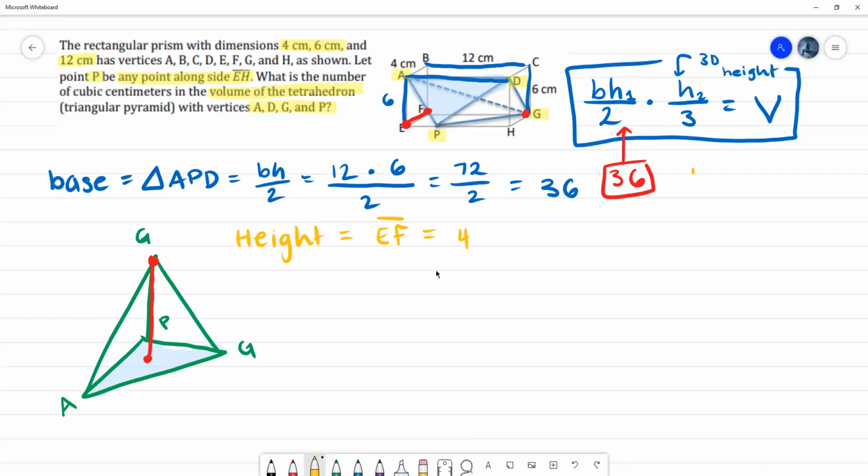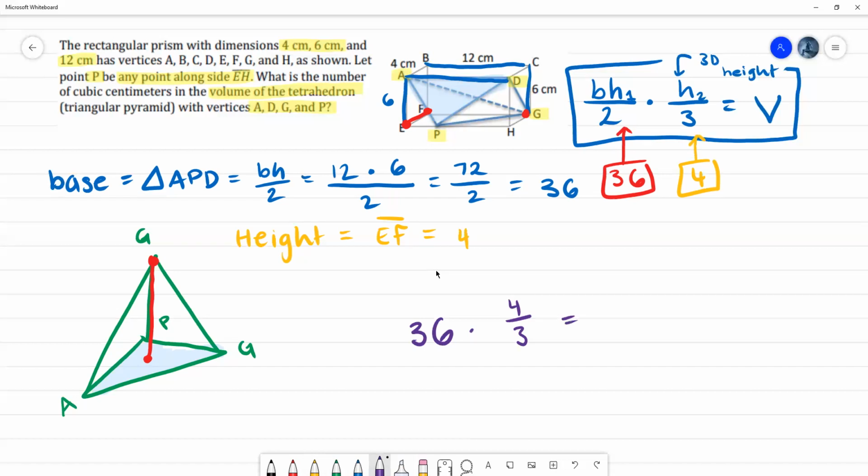Now that we have both values to plug into our formula, we can just do that. So we can do 36 times 4 over 3. And I didn't have to put any base or height 1 value because we already solved for the base right here.